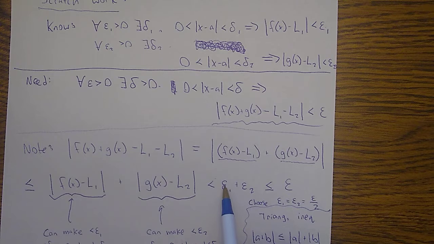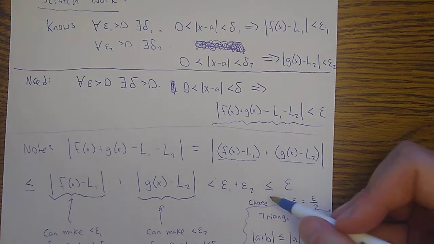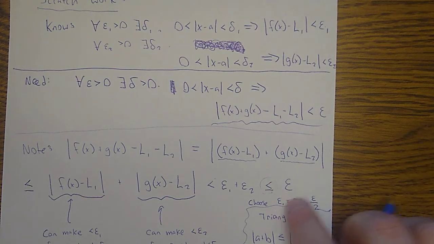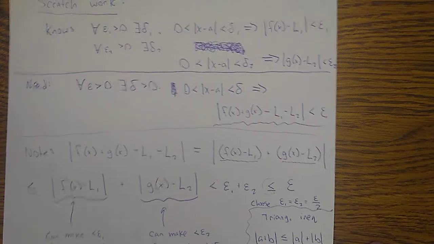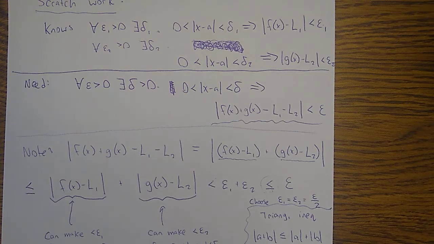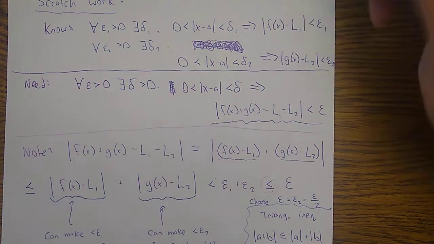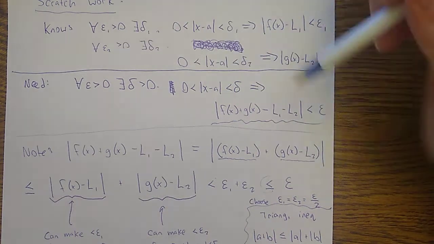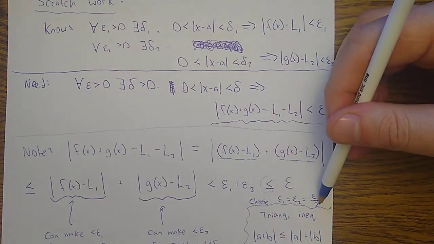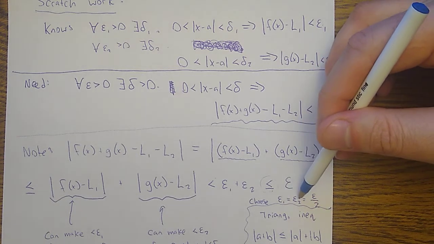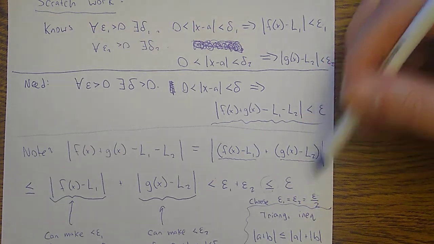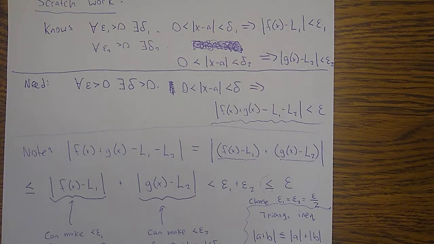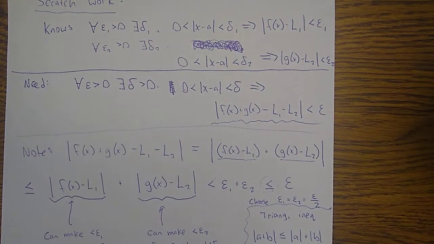That way this is epsilon over 2, this is epsilon over 2. They add up to epsilon, so I'm choosing epsilon 1 and epsilon 2 to make sure that this is true. And the important part about that is just the fact that if epsilon is a positive number, then epsilon 1 and epsilon 2 are also positive, because they would be a positive number divided by 2. And all of these numbers, epsilon and delta, they're all supposed to be positive numbers.